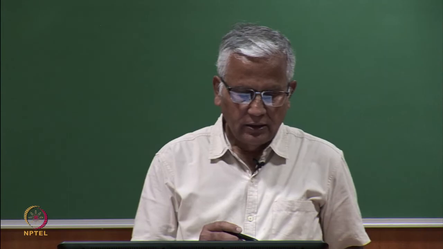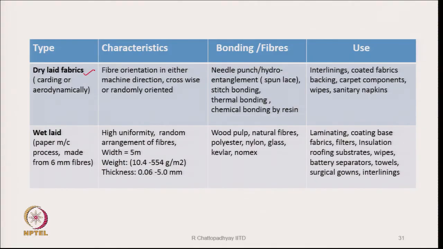Now, let us say dry laid fabrics, which can be produced by carding or aerodynamically. The fiber orientation is either in the machine direction, crosswise, or randomly oriented; that is the characteristic. The bonding is done through needle punching, so there are needles which are punched, or it can be hydro entangled, or stitch bonding or thermal bonding is possible, and chemical bonding by resin is also possible, because the fibers are loose to start with.